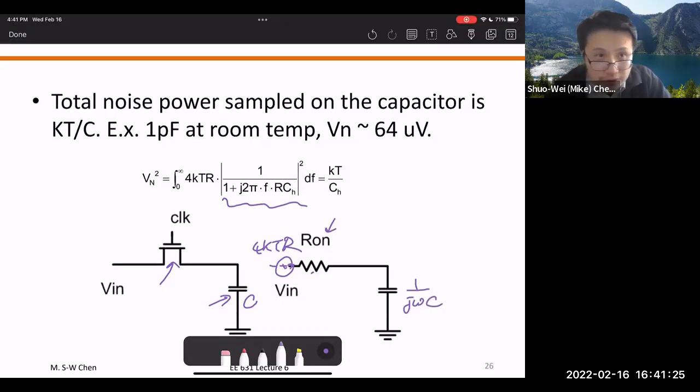You find the transfer function, and don't forget that you have to look at the magnitude of that transfer function squared.